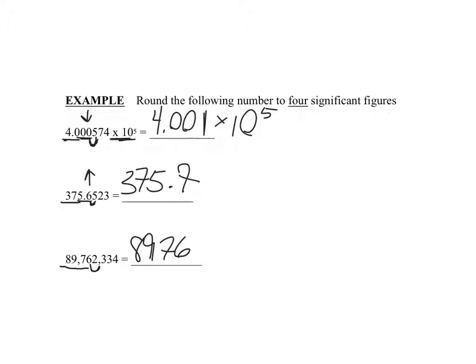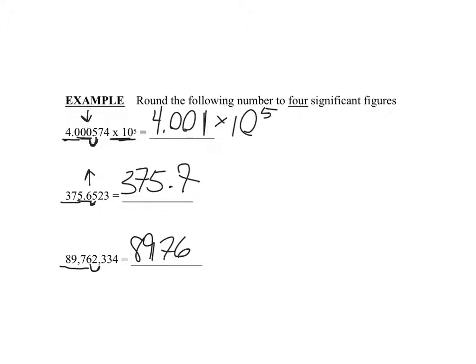So we have to add a number to ensure that since I started at 89 million, I end with approximately 89 million. Essentially, you have to add some numbers in order to get your place values to be the same as when they started. Well, the only number that you can add that doesn't change the value of the number effectively is 0.